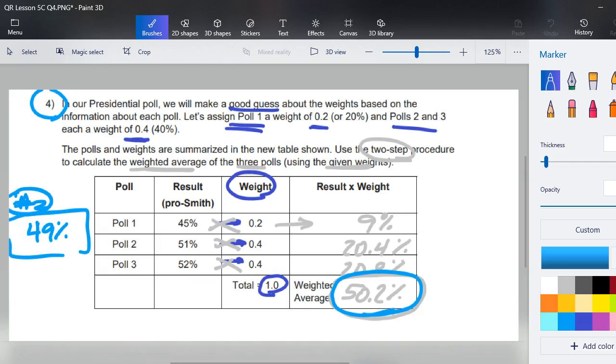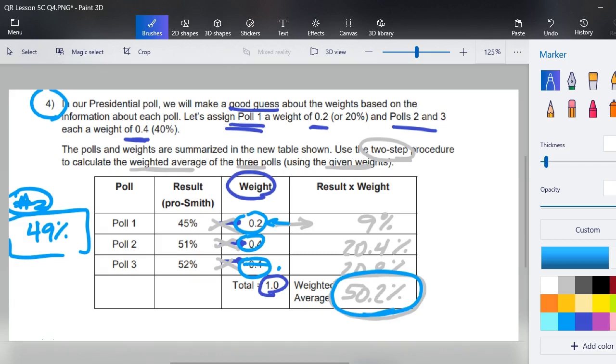And probably the one that is weighted should be more accurate, since this less reliable poll, its value, its weight, has been diminished. But then part C says, would you change anything, specifically considering that this last poll had a smaller sample size than the second poll?